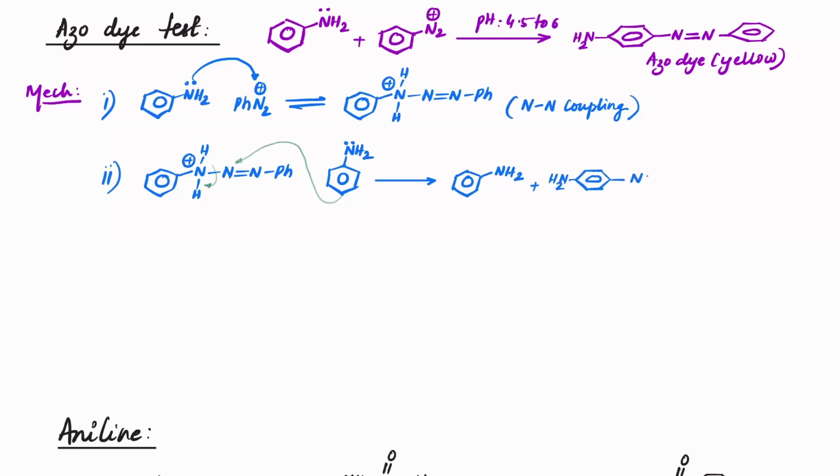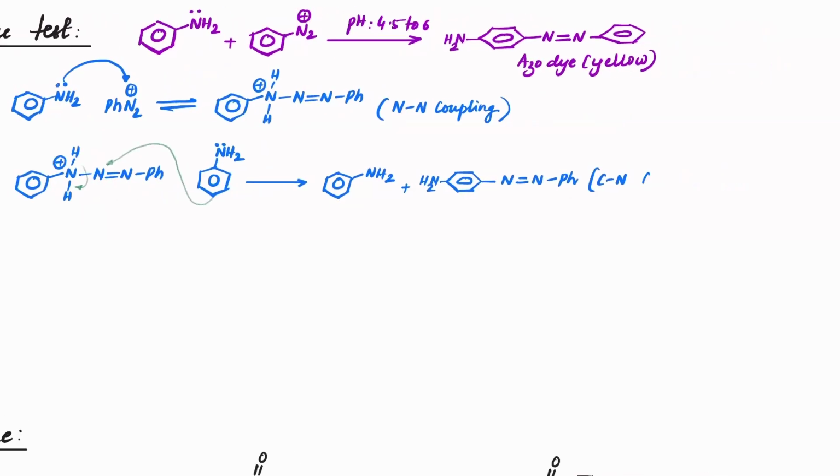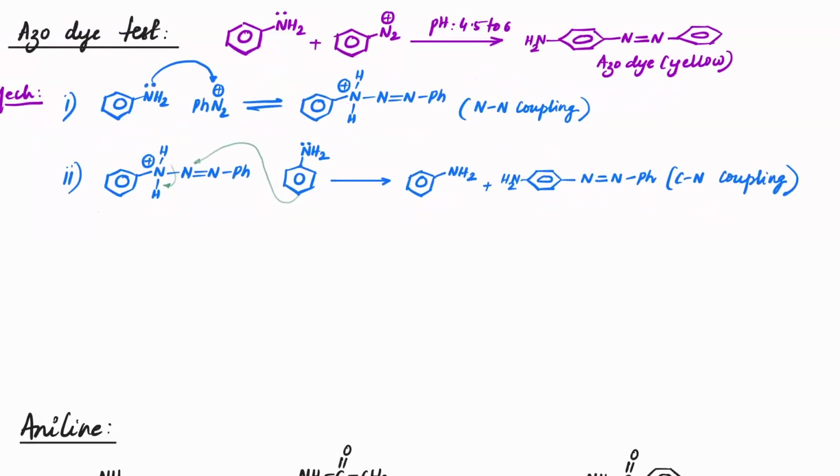So we will get this as N double bond N Ph. This time we call it CN coupling. So remember, the reason why we require an acidic medium is that in acidic medium it can attack this way from the carbon and you can get this product. Okay. Clear? Next.